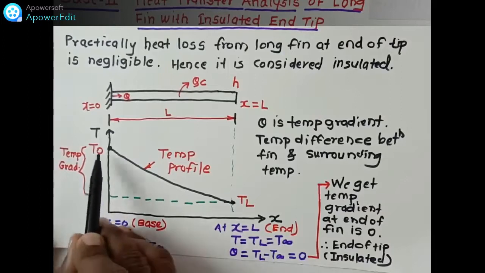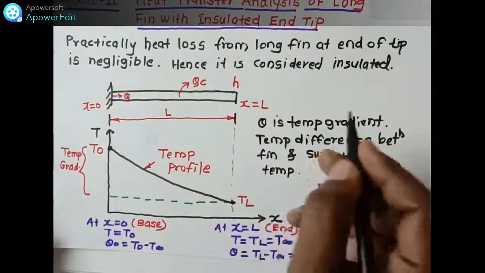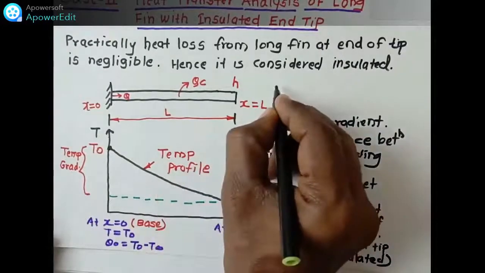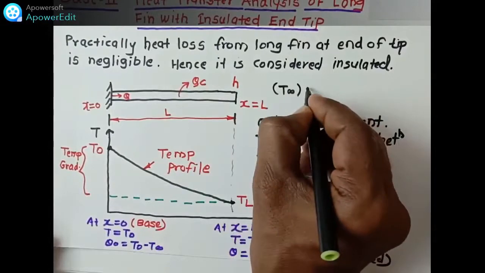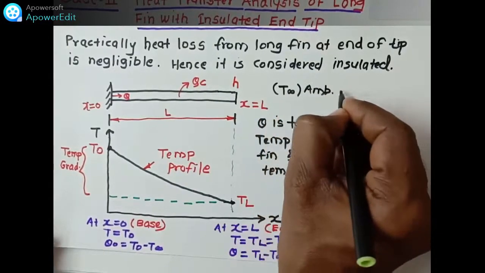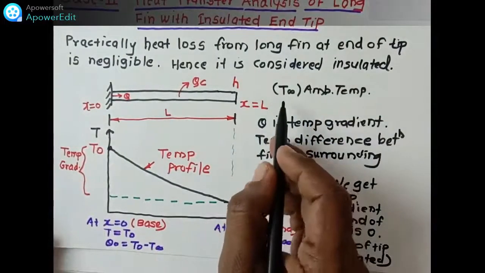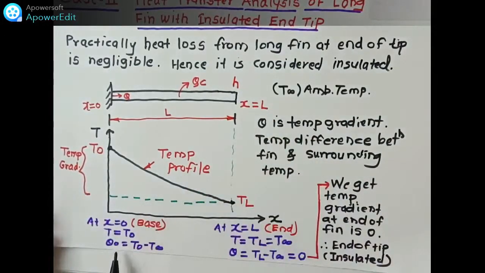At the base temperature is T0, the fin surface temperature, and ambient temperature is T infinity. So the temperature difference between T0 and T infinity, that is theta 0 at the base.